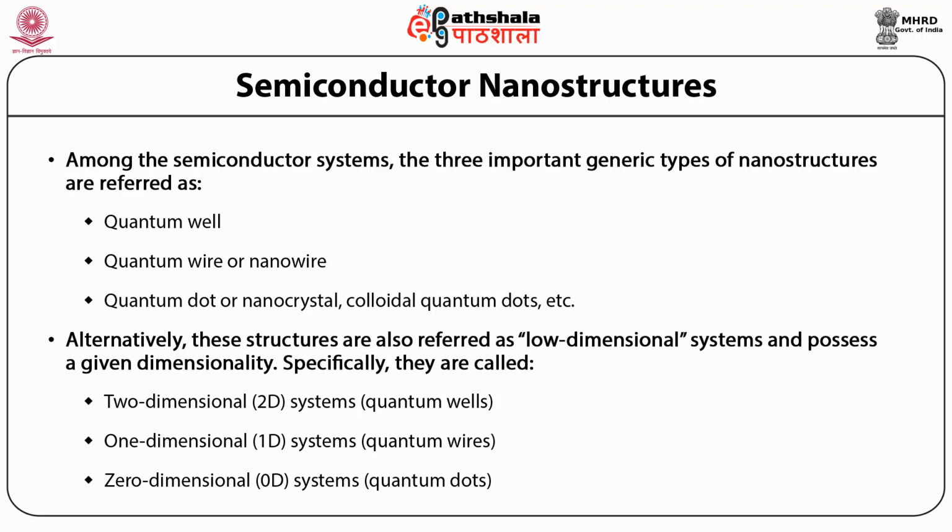A quantum dot structure is narrow along all three directions of a Cartesian coordinate system. A quantum dot is a small semiconductor particle having its radius smaller than the characteristic de Broglie wavelength or Bohr radius of carriers in the material, and as such, carriers do not possess any degree of freedom.